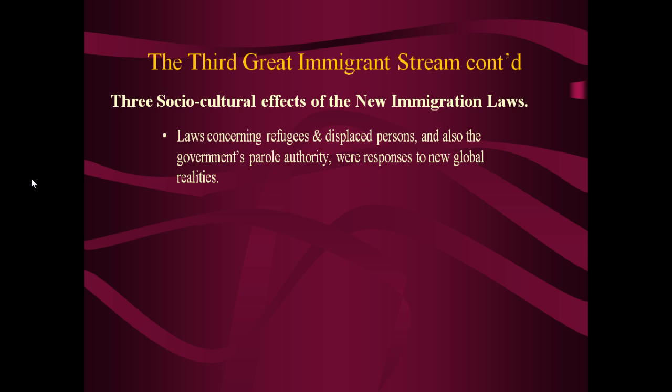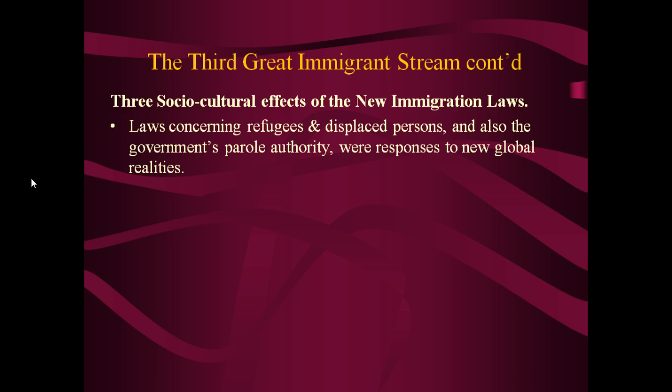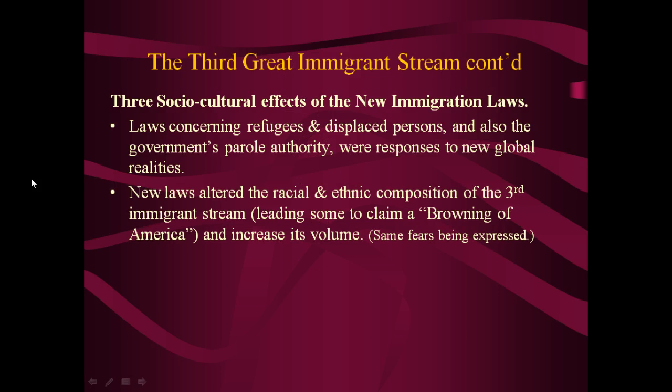The immigrants of the third stream differ from those of the first and second streams in the countries where they came from, the diversity of their socio-economic backgrounds, and where they were coming to. A large number had been displaced from their homes due to war and became refugees.